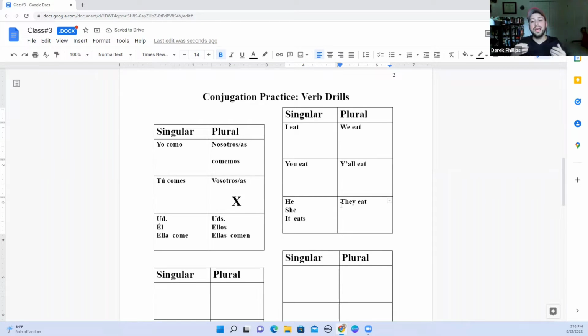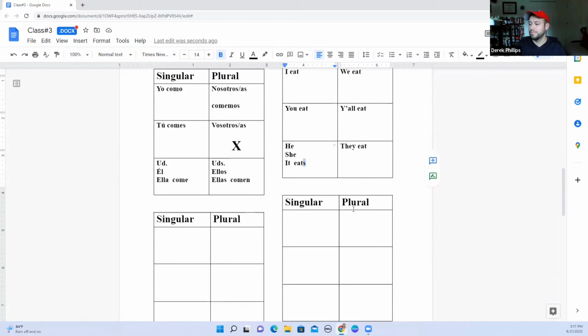Okay. Again, in English, I only change the third person singular form. That's what we call this. I only add S when I want to talk about one person. Okay. And this rule is true for all of these regular verbs. Okay. So I want you to try a few of these on your own.